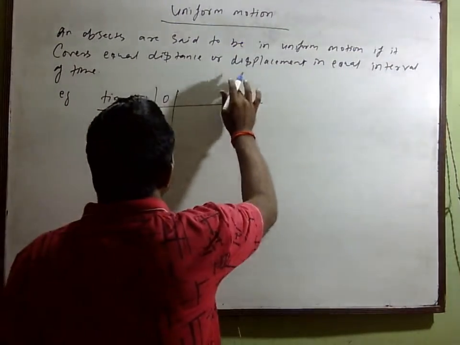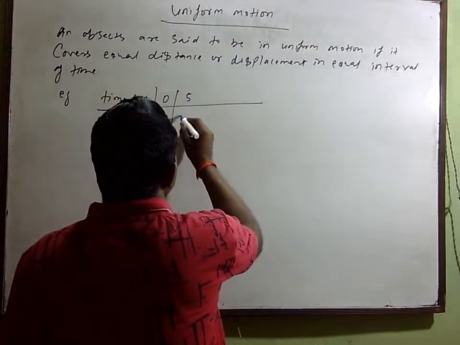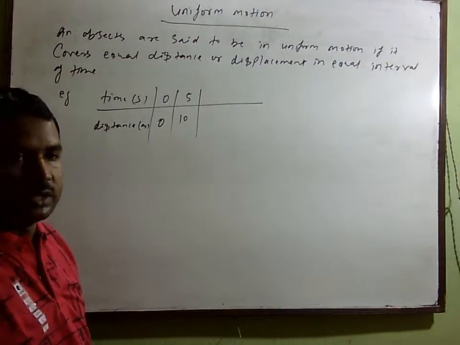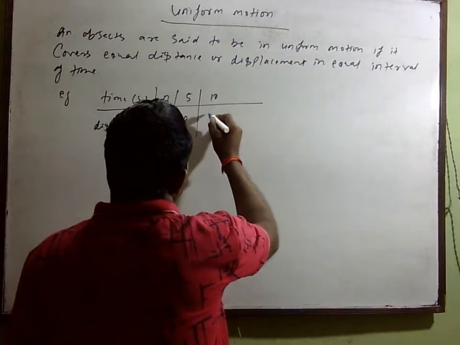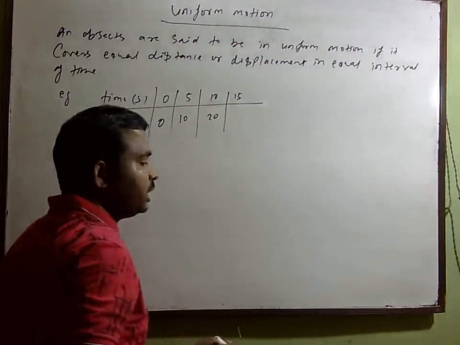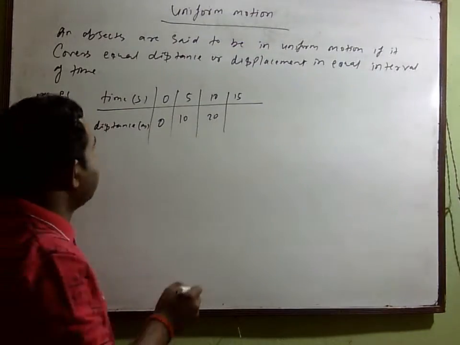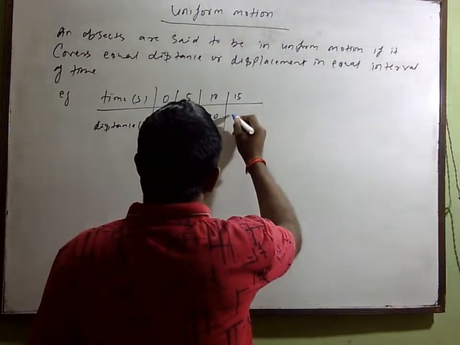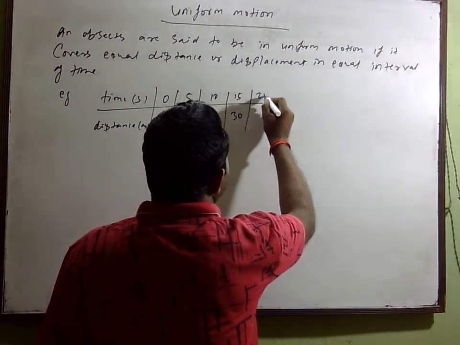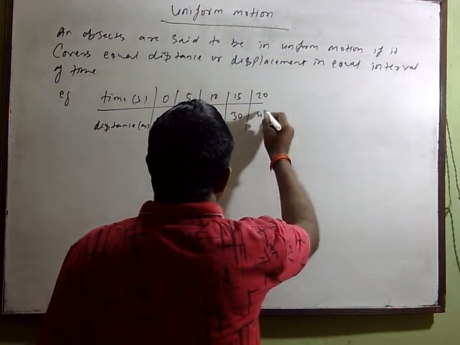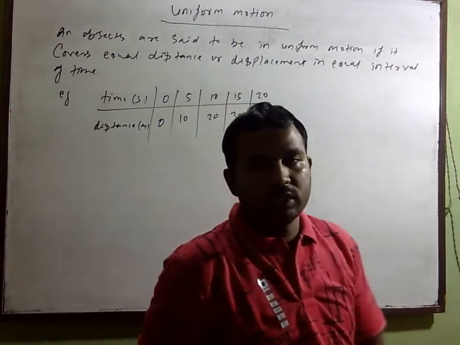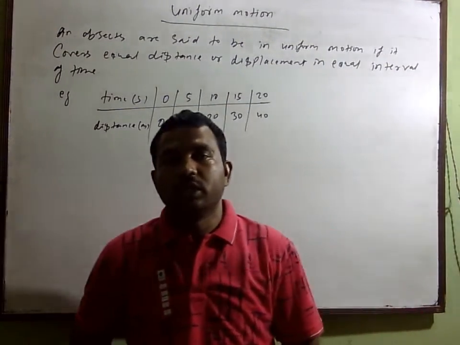But suppose after 5 seconds the object covers 10 meters, after 10 seconds it is 20, and when the time is 15 seconds, the distance is 30. Next, suppose it is 20 seconds and this is 40. So I have taken the times and the distances, and we can plot them in a graph.